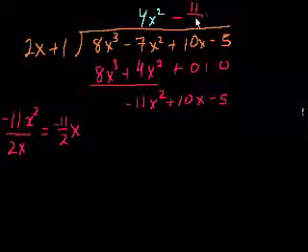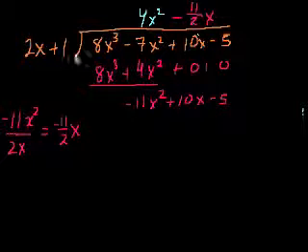Minus 11 halves x. And now, what is minus 11 halves x times 2x plus 1? So minus 11 halves x times 1 is minus 11 halves x, and we'll want to write that in the x position. I'll switch colors just to not be monotonous.